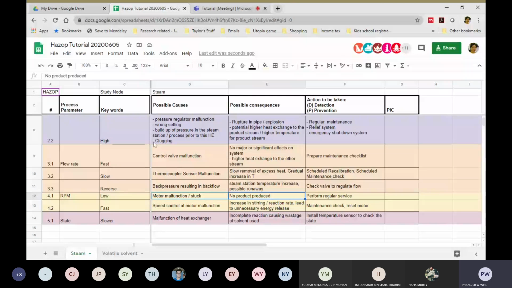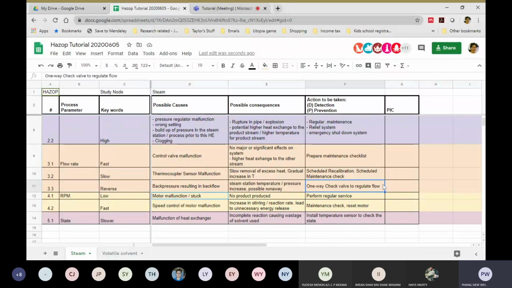It's not just temperature, the pressure will increase as well. Okay, check valve to regulate flow. In fact you can actually put in a one-way check valve, so meaning there's no way that back pressure can push it back.